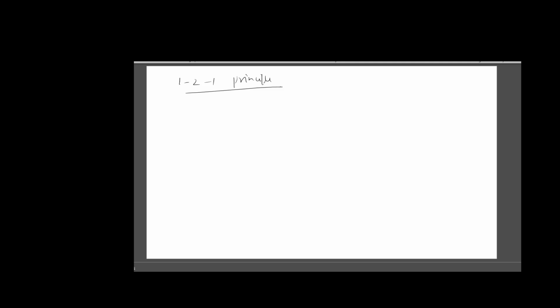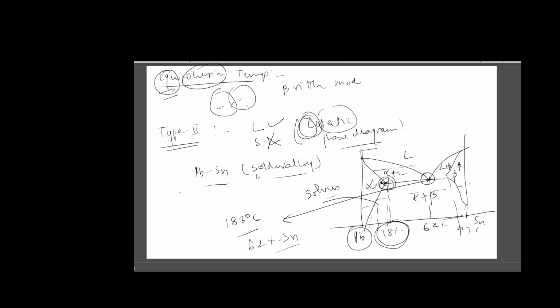Then the space enclosed between the two is a mixture of two. So we have shown this on this slide. If we draw any horizontal line, one end on one phase, another end on another phase, then the space enclosed between the two is a mixture of two.